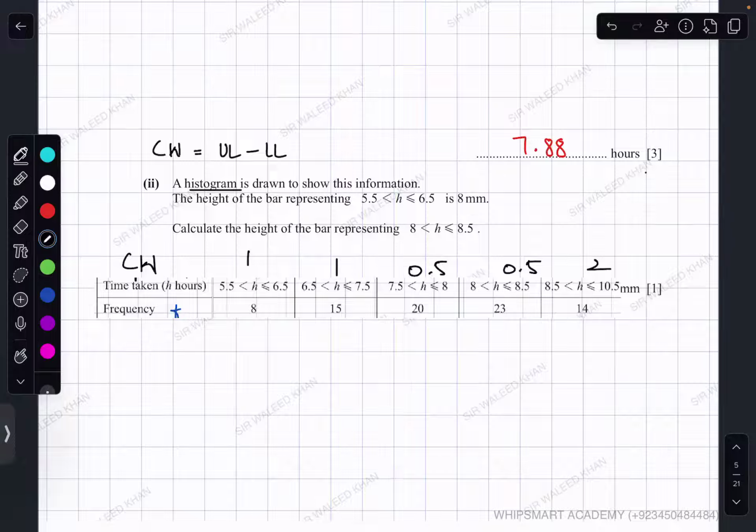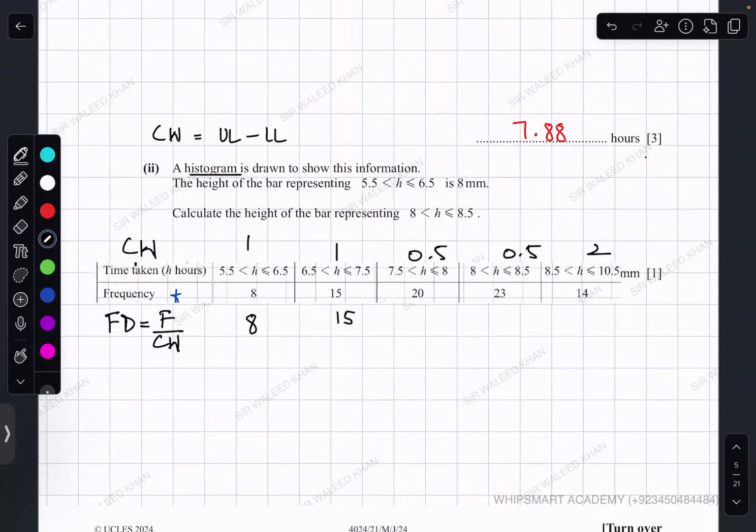Right? And we have to work out another thing, frequency density. Frequency density is frequency over class width. So frequency over class width, 15 by 1, 15. What are they asking?